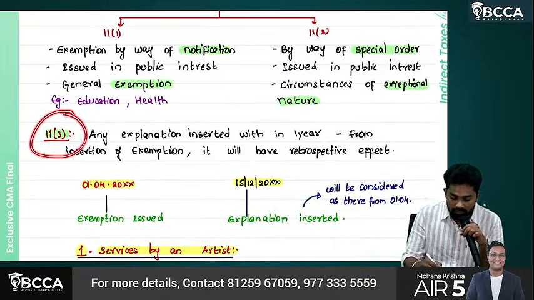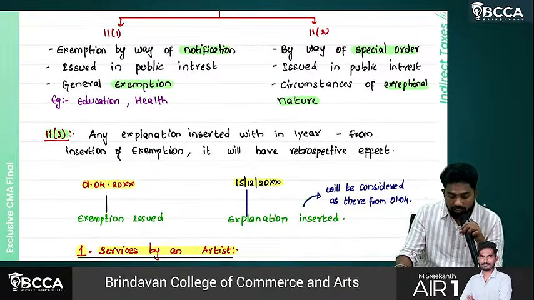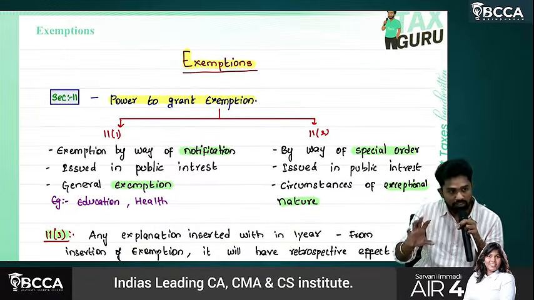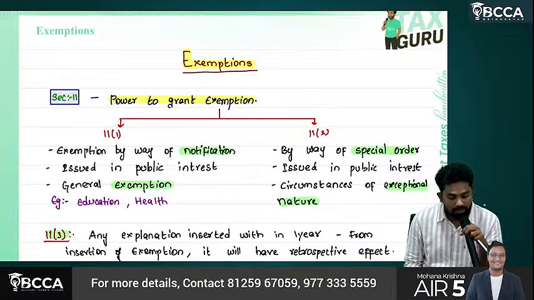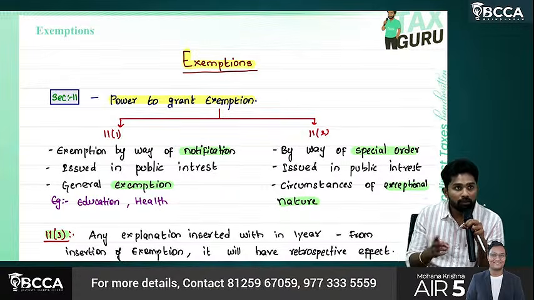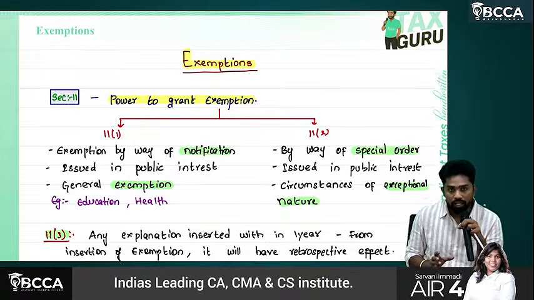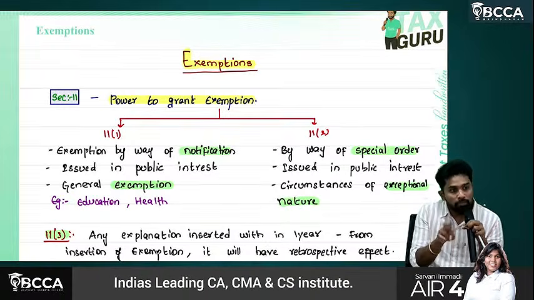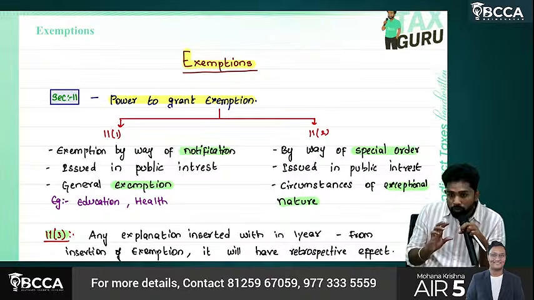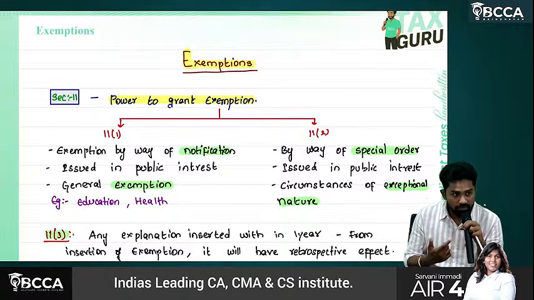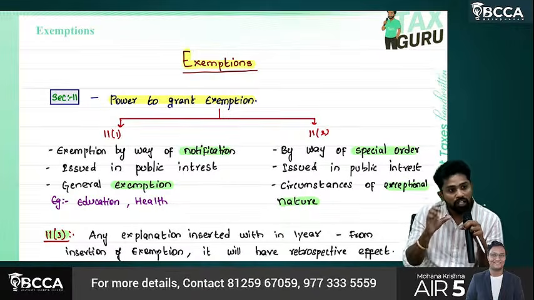And then 11 subsection 3 says, if there is an exemption issued, but that exemption can be viewed in multiple ways, that is, interpretation can be made in multiple ways, then to provide clarity and tell the exact view of the department, they may clarify it by introducing an explanation.